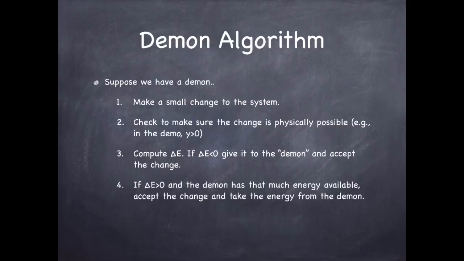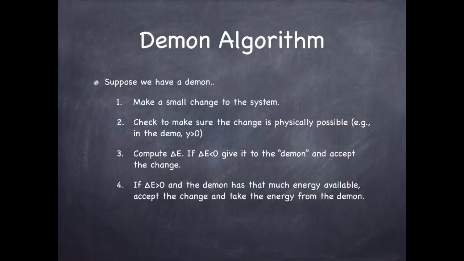And it's the source of energy that enables the change to actually occur if the energy goes up. But if the energy goes up so much due to your small change that the Demon doesn't have that much energy, then you simply reject that change and say that change is not possible because my Demon doesn't have enough energy to do it. And that's the way in which you enforce energy conservation.